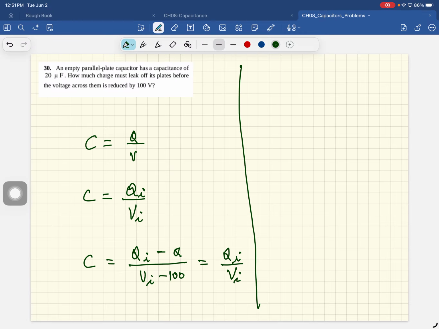So this ratio is also the same. And what we're trying to solve for is this. The problem is we only know this ratio, we don't know that individually. So I'm trying to solve for that. What I did was cross multiply that.